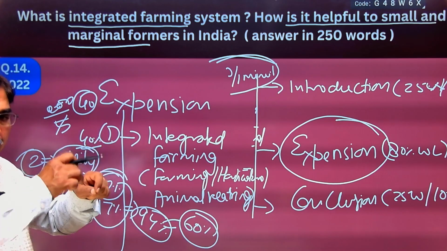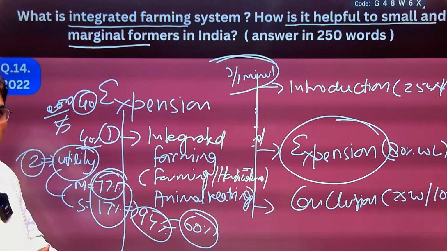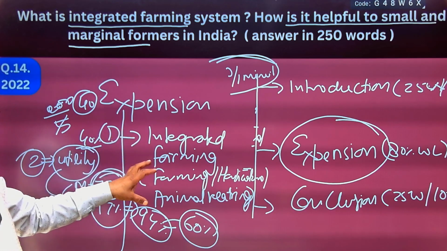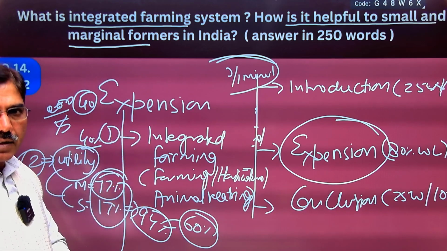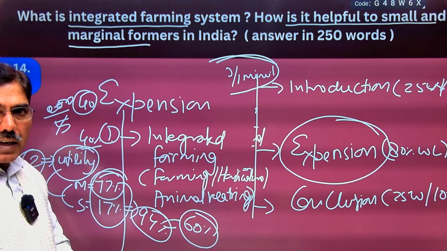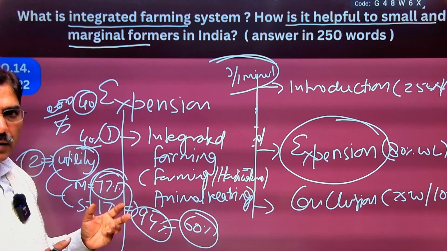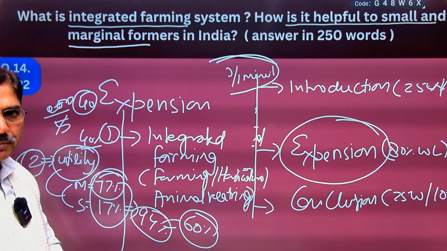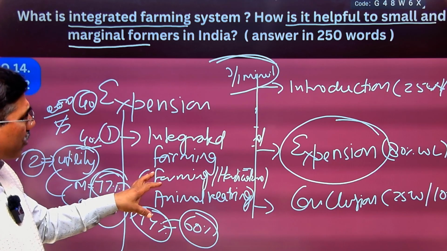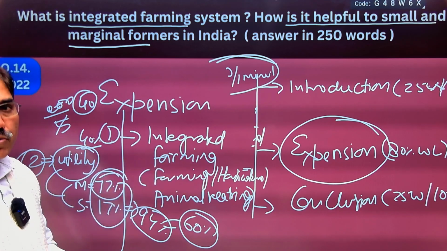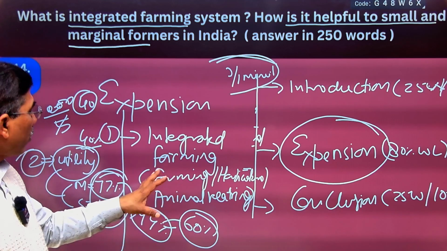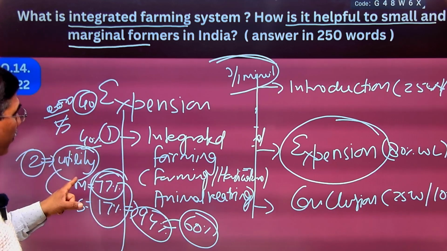And there is a circle. What kind of circle? The animal dung they can use as a biofertilizer. They can use animal dung as a source of energy in their houses, methane, as you know, gobar gas. The government also introduced a new scheme, Govardhan. You elaborate all those points under this second paragraph.